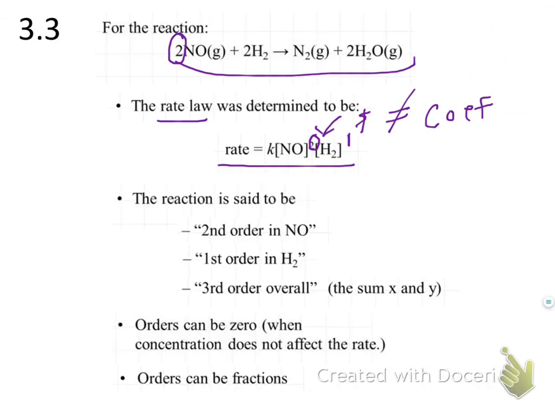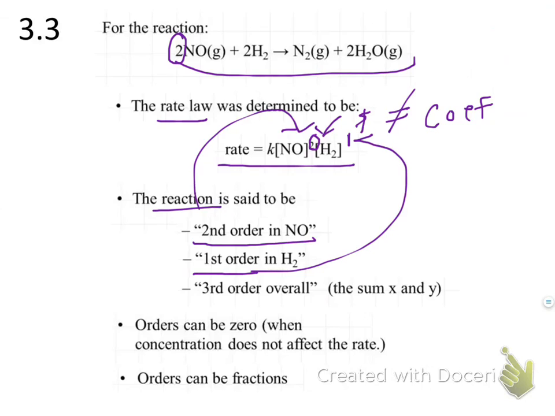Okay, so for some terminology, we say the reaction is said to be second order in NO. The second comes from this exponent, or we say second order with respect to NO. We'd say that the reaction is first order, and that first order comes from the exponent in H2, or the reaction is first order with respect to H2.